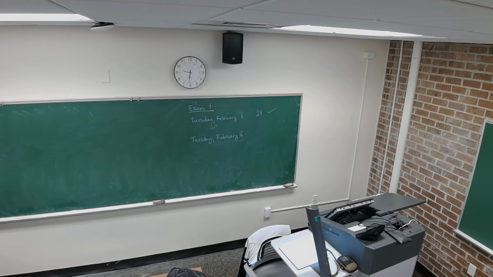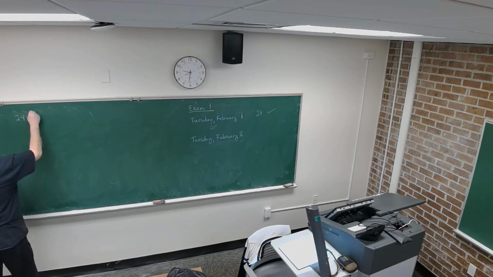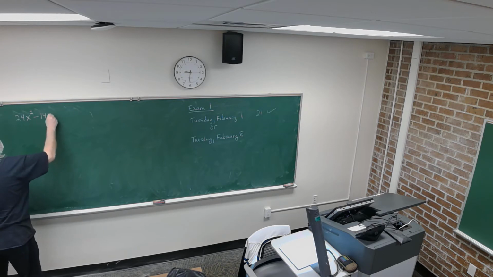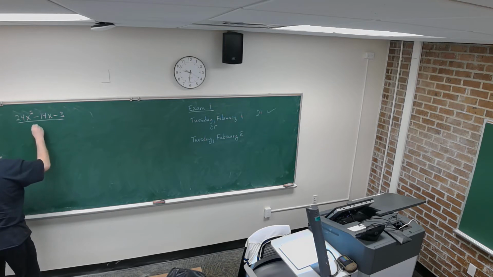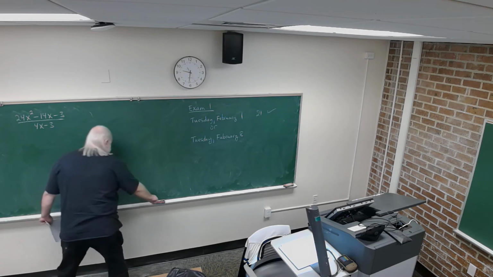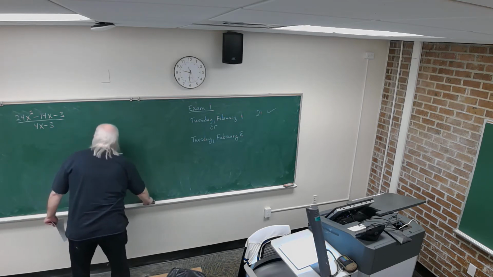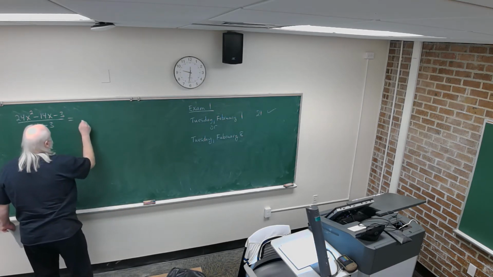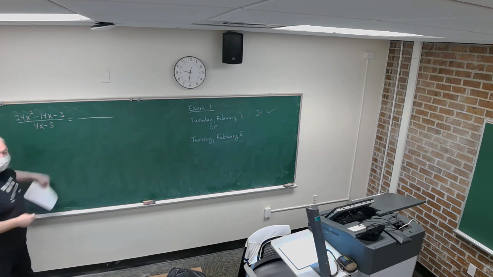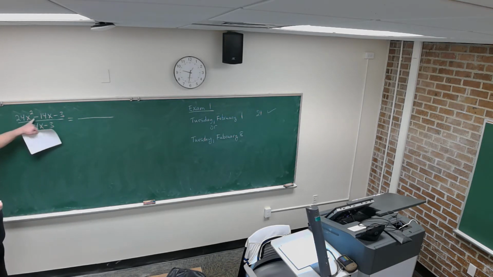In the first rational expression that we have to simplify, we have 24x squared minus 14x minus 3 over 4x minus 3. To see if we can simplify this expression, we're going to factor the numerator.